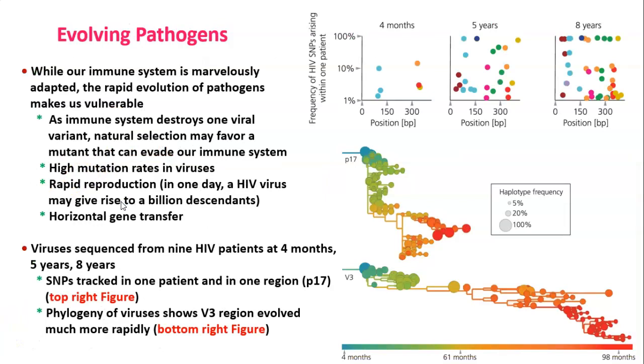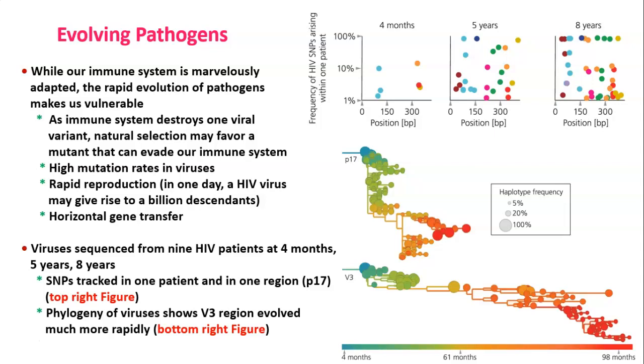So I think on the last slide, the first of 6 possible explanations for maladaptation had to do with the rapid evolution of pathogens. And we can take ourselves, of course, as an example of this. While our immune system is marvelously adapted, we essentially have the immune system of most jawed vertebrates.